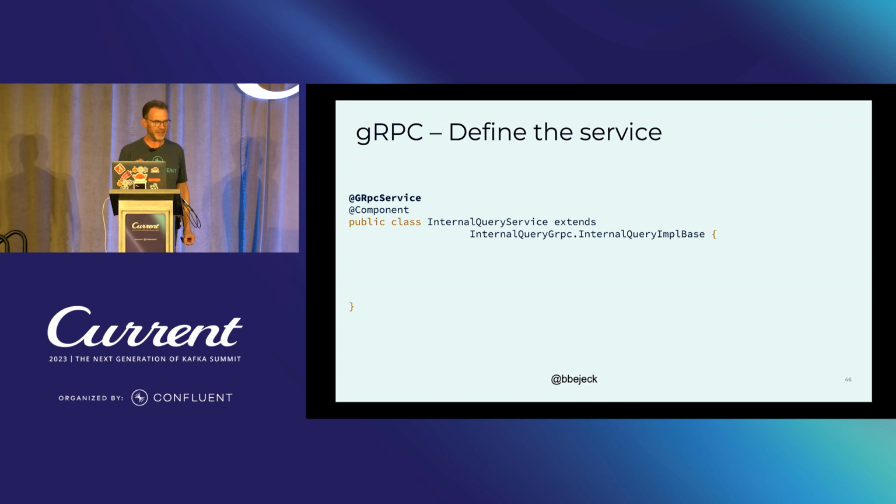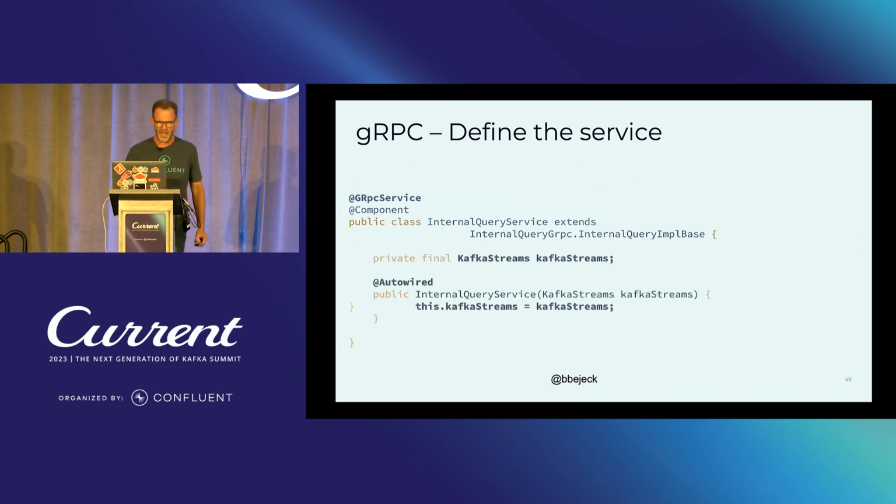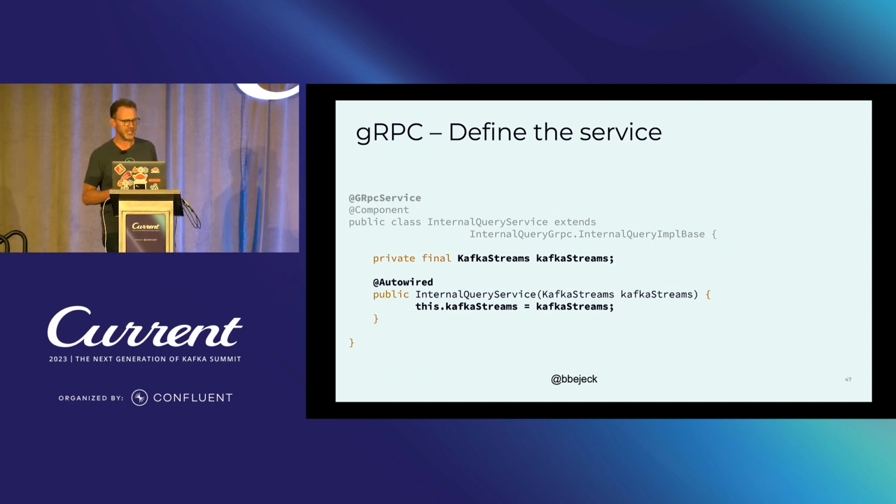And then just by putting this annotation at the top, Spring will handle starting up the gRPC server and then shutting it down. And then in the configuration, you also have to give it a different port number. Again, we're just showing that we need to have Spring inject the Kafka Streams instance into our service implementation.